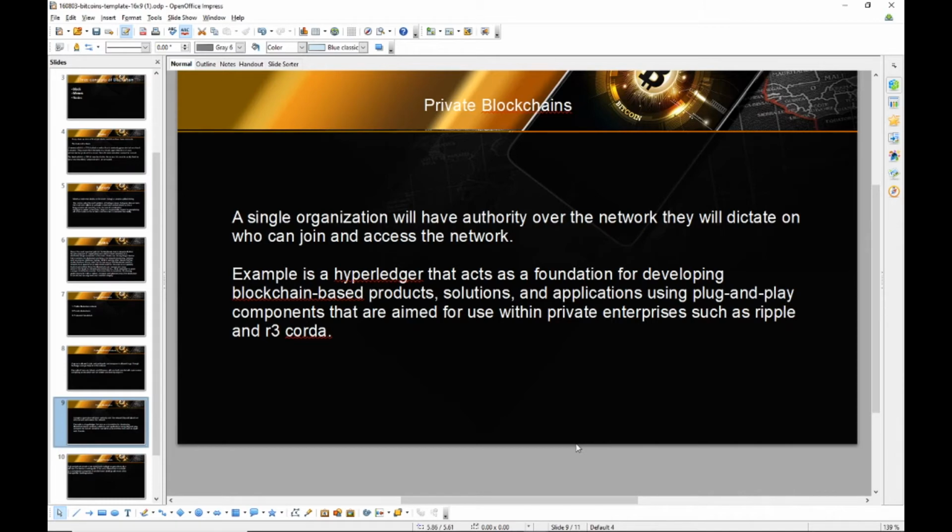Ripple and R3 Corda are two companies that are in payment remittances. Right now, Ripple is overseeing payment remittances for a lot of fintech companies and banks such as Bank of America, and they use the cryptocurrency called XRP. Now they have their own program under the Hyperledger called ODL, On-Demand Liquidity, and R3 Corda as well uses on-demand liquidity.